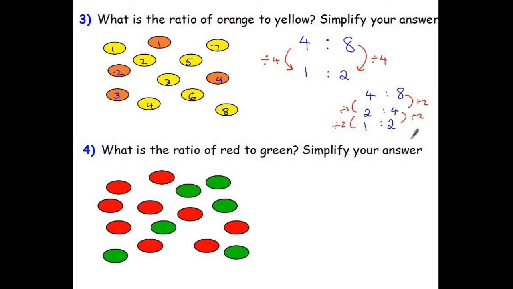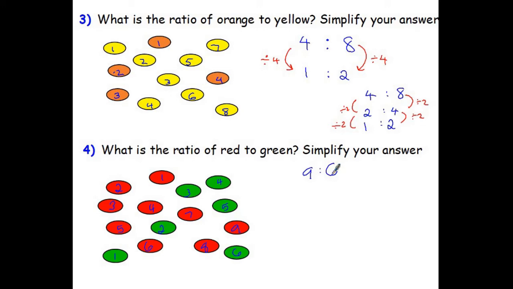So the next question, what is the ratio of red to green? And again, simplifying our answer. So let's start by counting the reds. 1, 2, 3, 4, 5, 6, 7, 8, 9 reds. And then for the greens, 1, 2, 3, 4, 5, and 6.